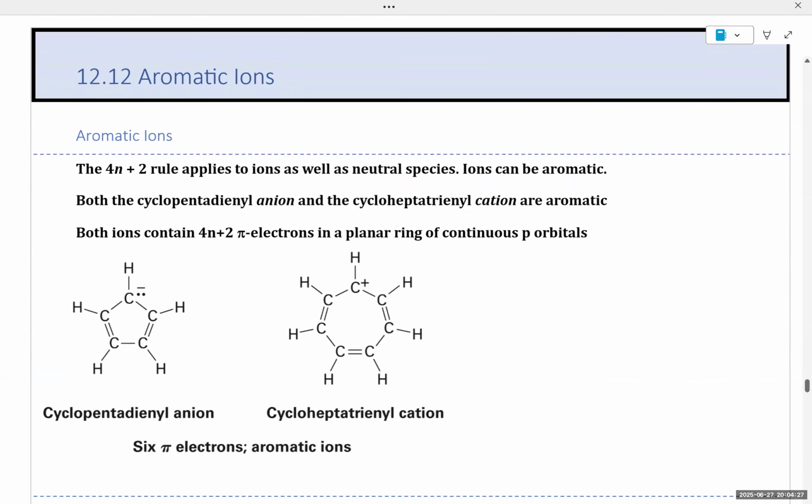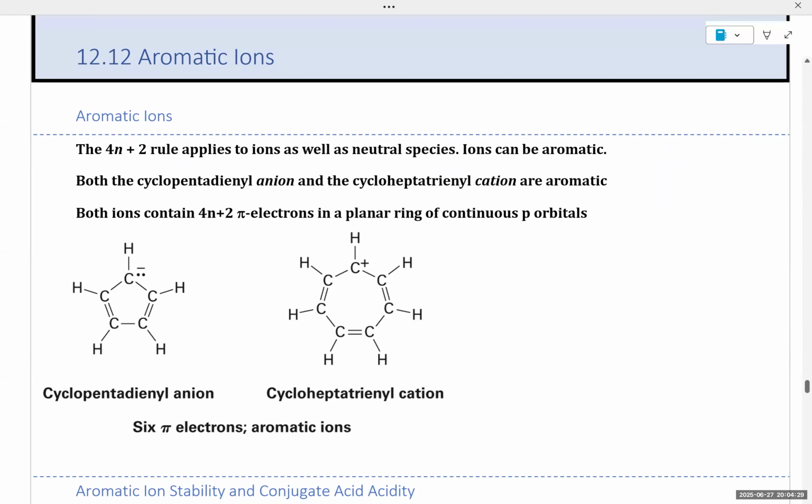Let's now talk about aromatic ions. The 4n plus 2 rule and rules regarding aromaticity apply to ions as well as neutral species. Ions can be aromatic. For example, the cyclopentadienyl anion and the cycloheptatrienyl cation are aromatic.